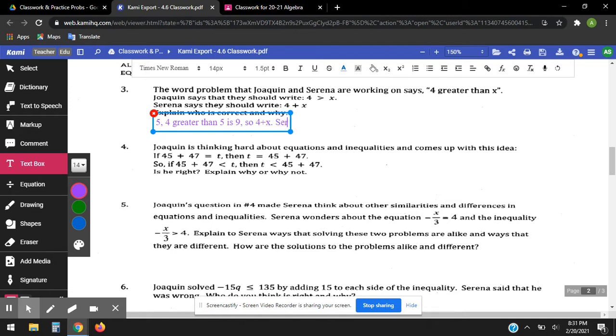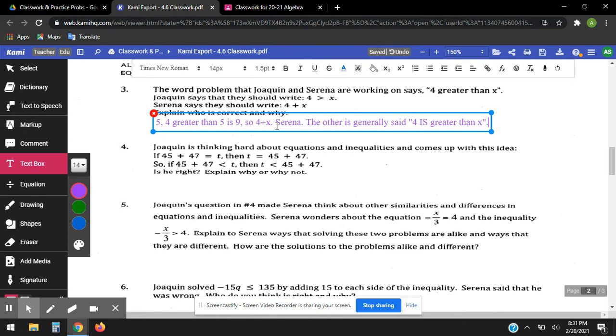That means Serena is right. Typically for the other one, it is generally said, x is greater than 4. So that's the difference. Because there isn't an "is" in there, Serena's right.